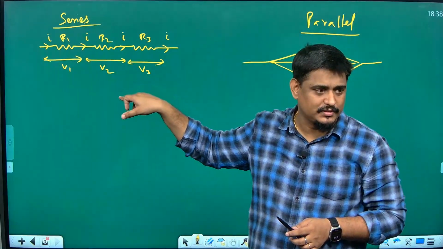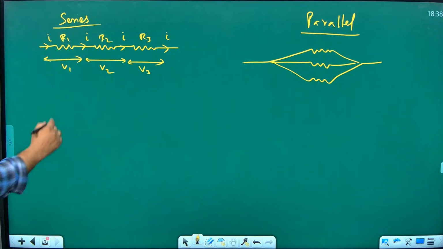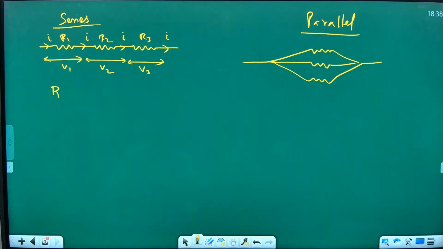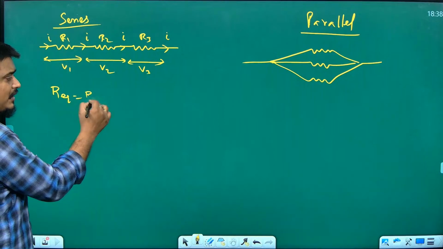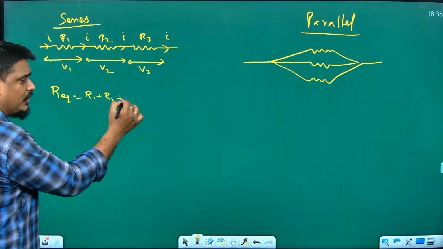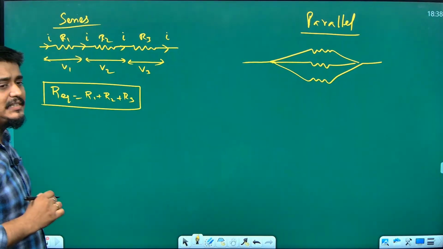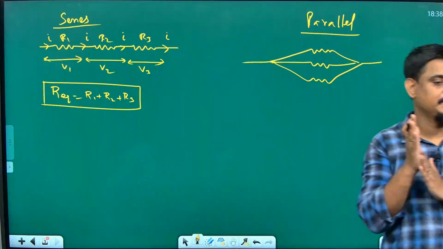potential drops, right? So in this case, in series connection, the net equivalent resistance, we have derived it, I am not doing it now, you can see the previous class lectures. R equivalent value is R1 plus R2 plus R3. It means if resistors are in series, their net value is addition of all the resistances.